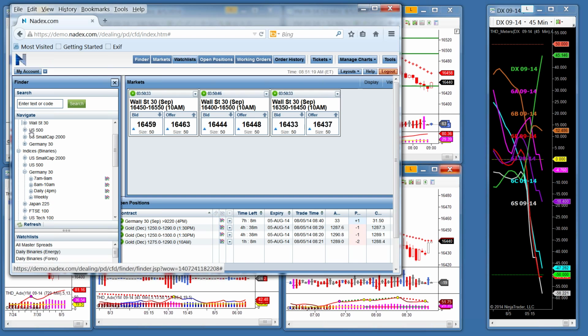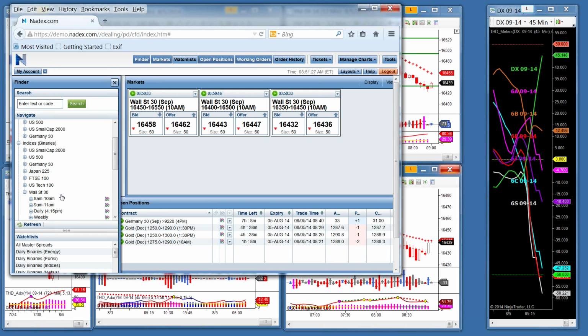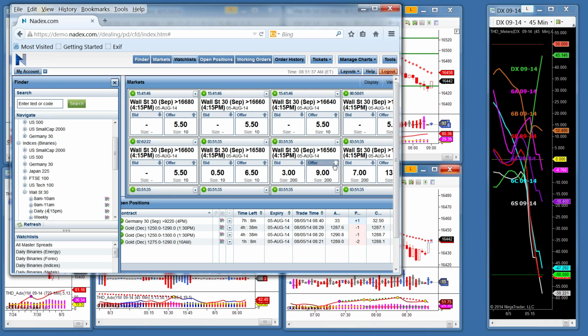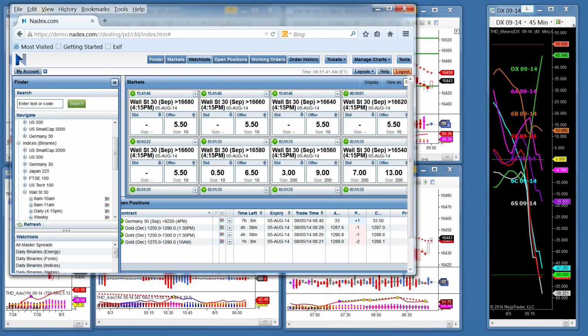So I'm going to close that one, and we'll go look at the binaries to see if there's anything on the binaries. Remember, the binary Dow does not move as much as the DAX. Okay? So let's go out to the daily, and let's see what they have available.